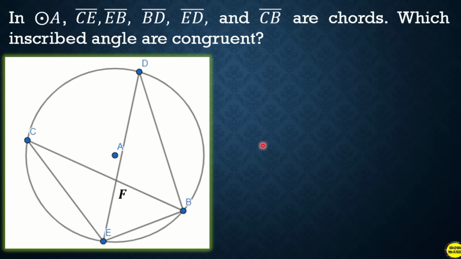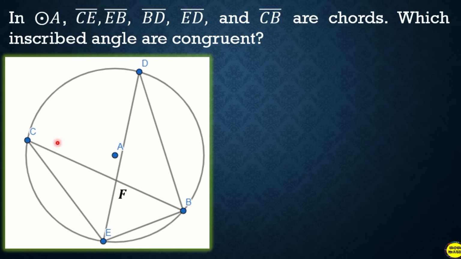So, alam natin kanina, nasabi sa theorem number, anong theorem yon? Number 2. If two inscribed angles of a circle intercept congruent arcs or in the same arc, then the angles are congruent. So, hanapin natin dito ang dalawang inscribed angle na nag-intercept sa isang arc lang.